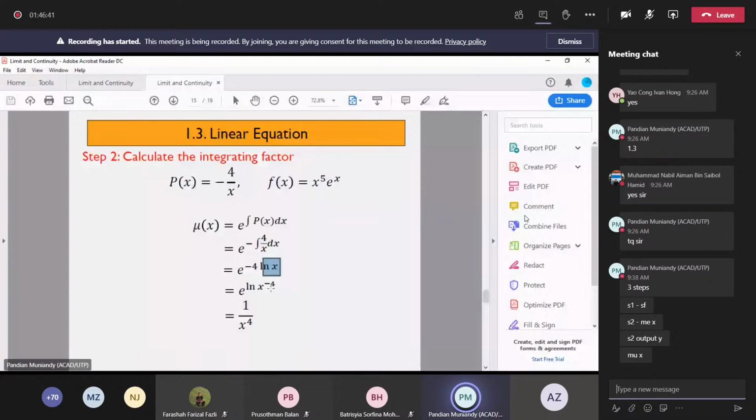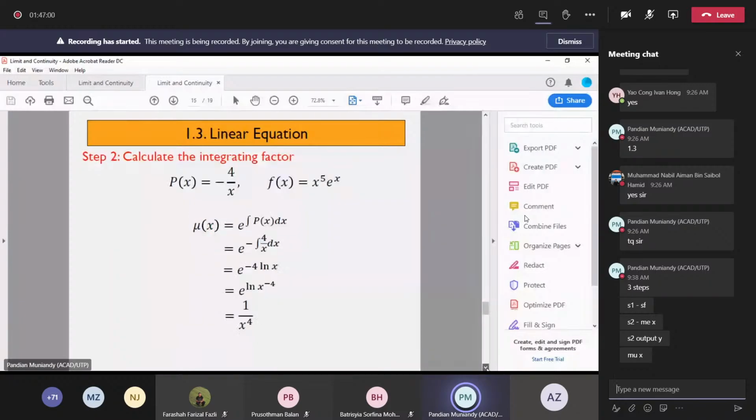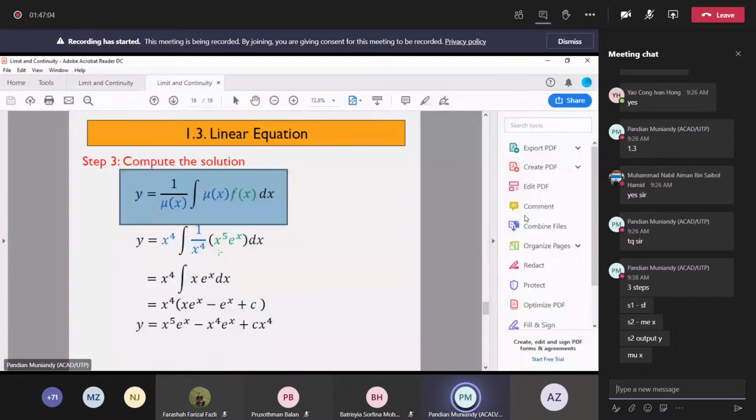Now, straight away you go to final. This is what I'm talking about, step 3. This is the very powerful method. Y equals 1 over mu(x). So mu(x) is 1 over x power 4, and 1 over 1/x power 4 is x power 4.